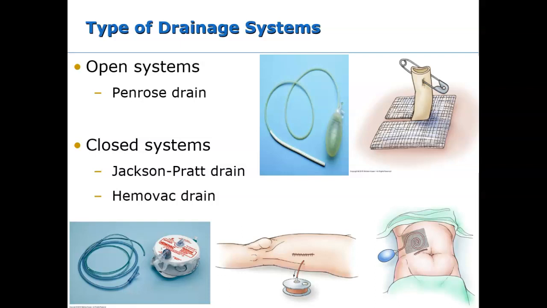This drain uses a passive movement of fluid and it drains into a gauze on the surface. No, that is not the type I see. This is that. I see this type. This is the type where I'm trying to look here to see what that one's called.